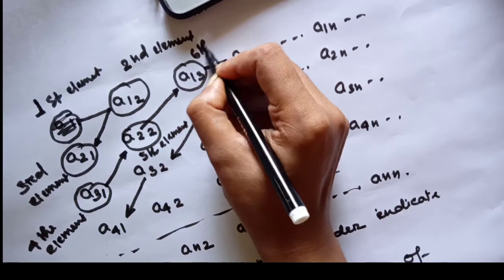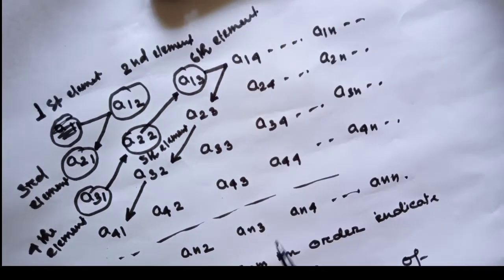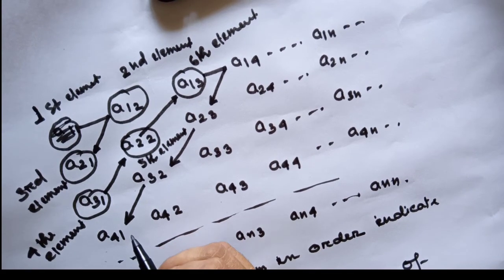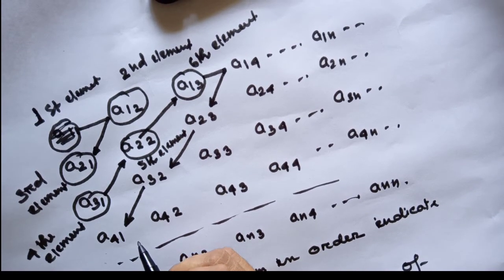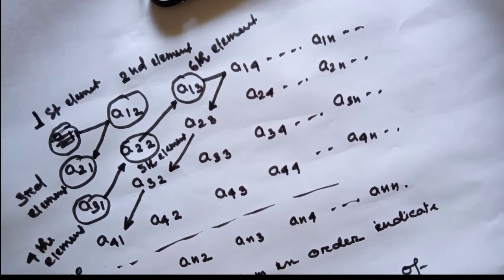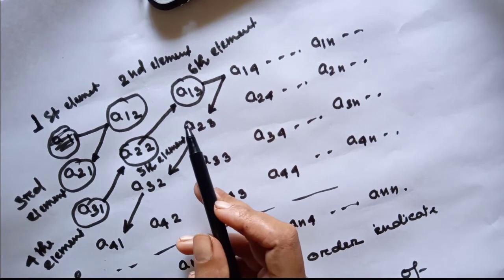A13 will be the sixth element. And so on. This is the way of bijection.